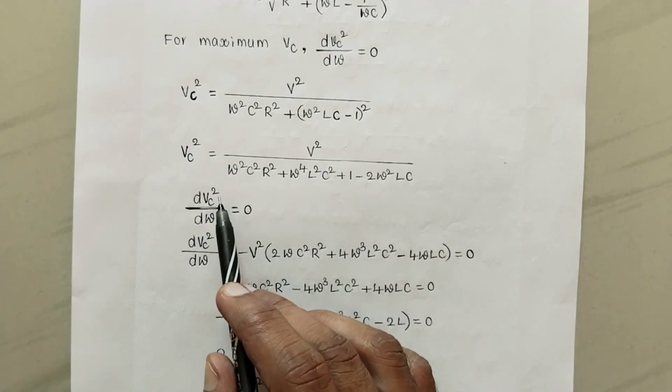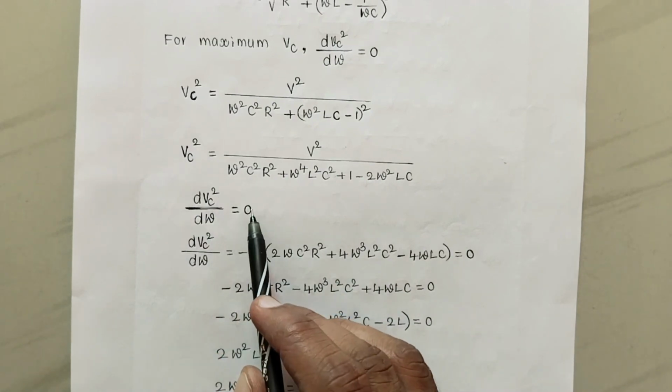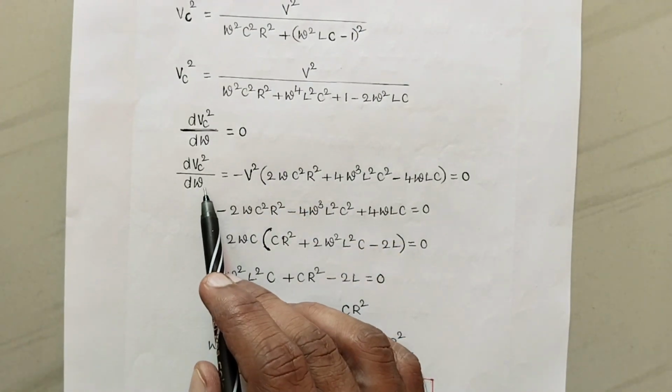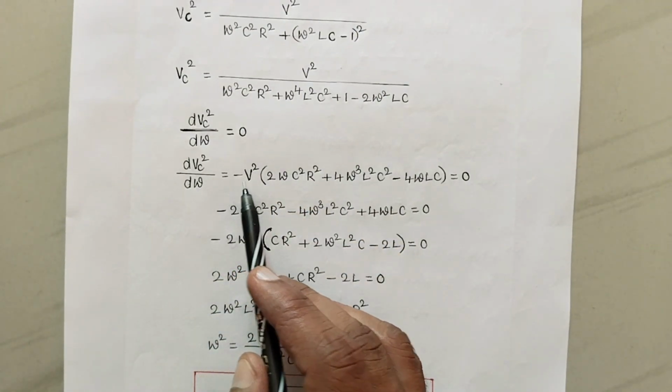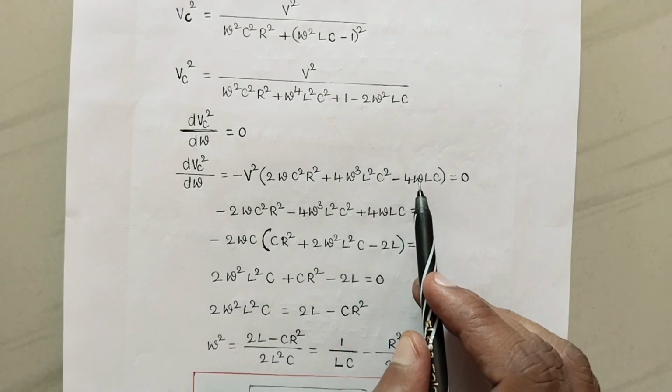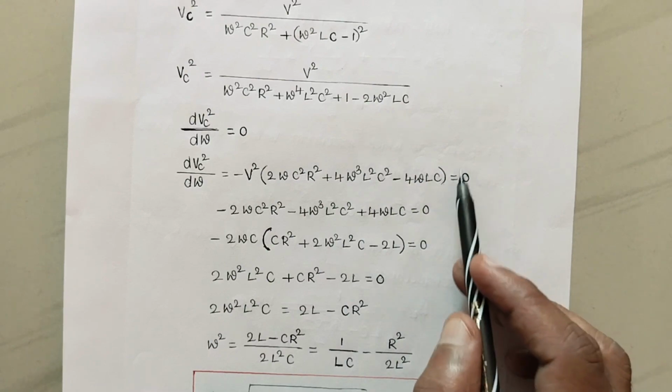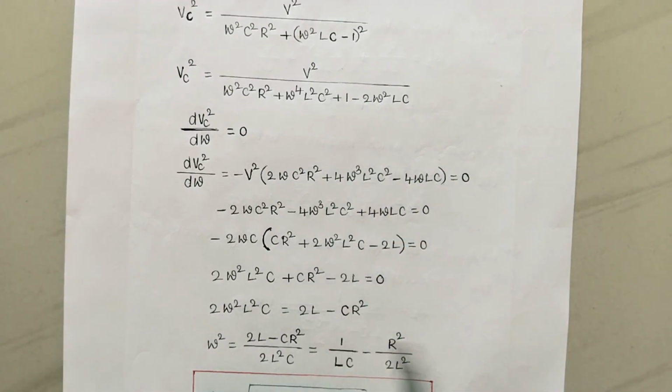Now differentiating that Vc square with respect to omega and equating to 0, we get this expression, and we have to equate that to 0 and go on simplifying this.